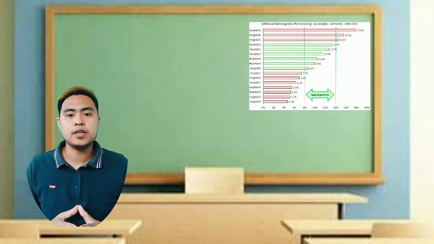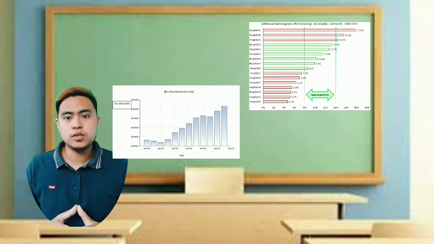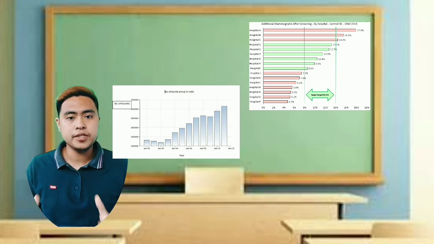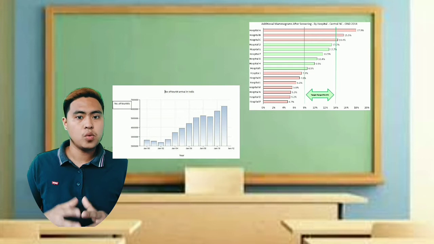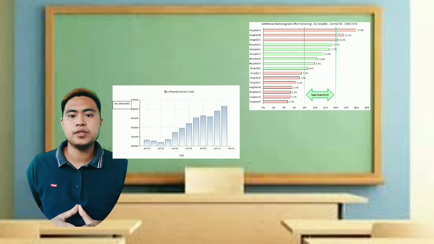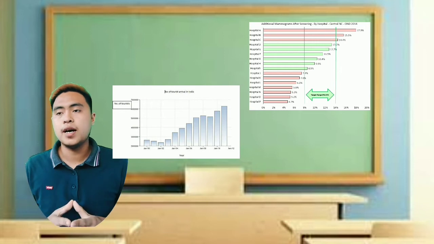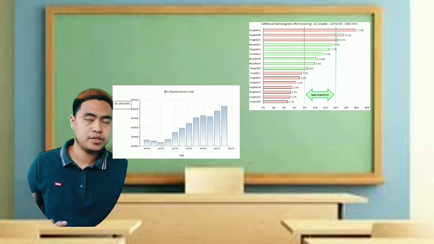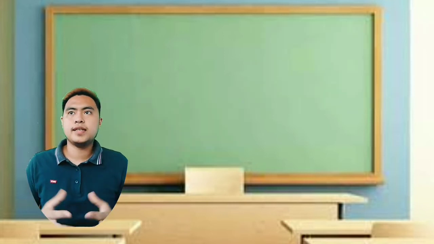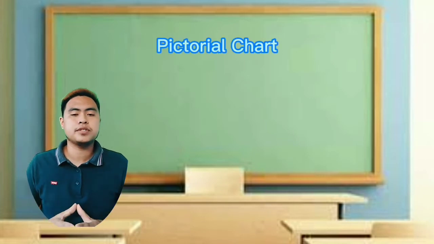A vertical bar chart is sometimes called a column chart. From a bar chart, we can see which groups are highest or most common and how other groups compare against the others.